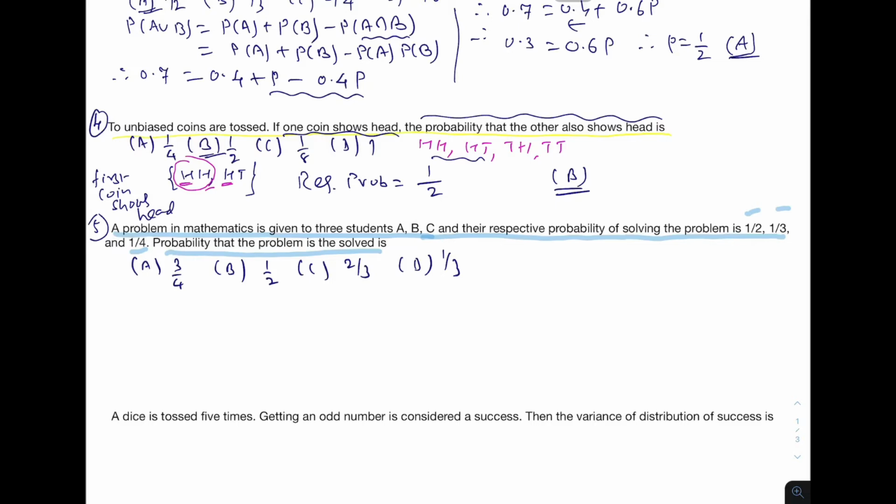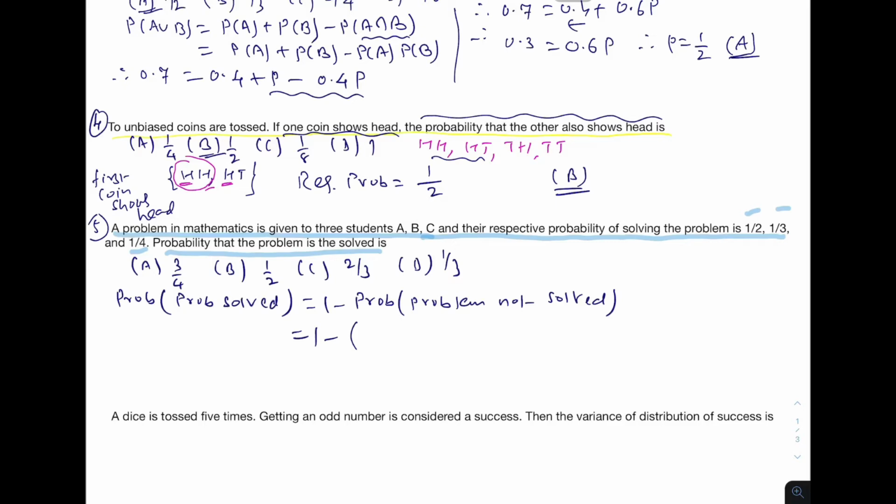Now this kind of question is always solved by using 1 minus the probability of the problem not solved. So that means the probability of the problem solved is equal to 1 minus the probability of the problem not solved. Now the problem is not solved by all the three. So A not able to solve, B not able to solve, and C also not able to solve.